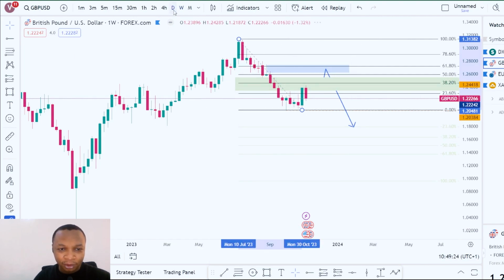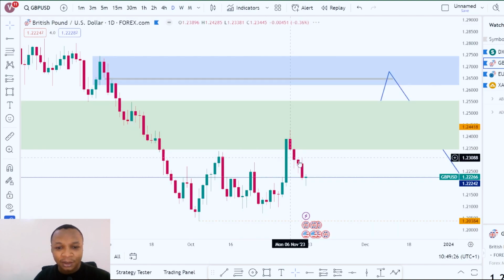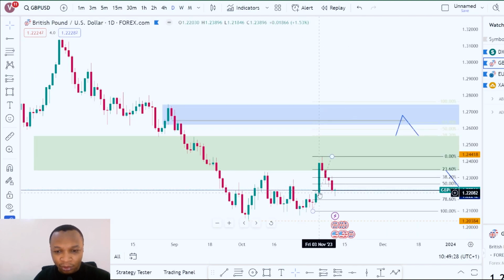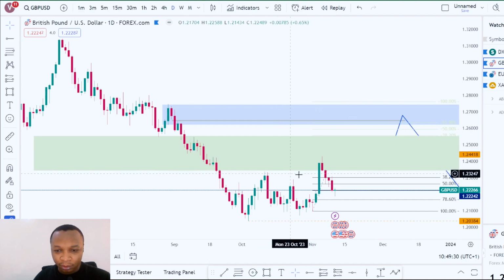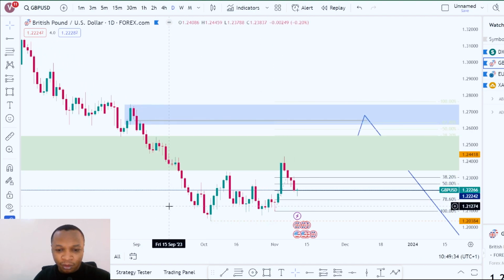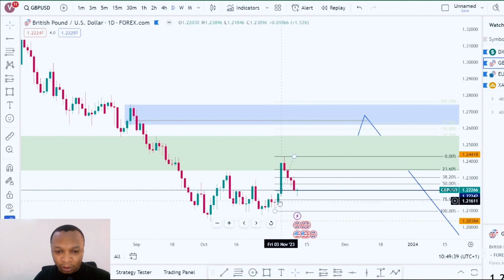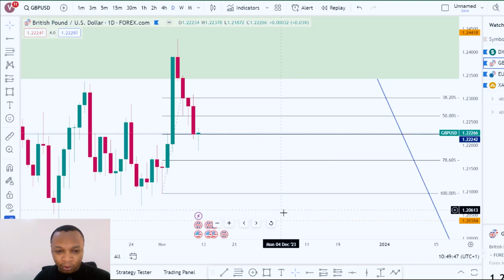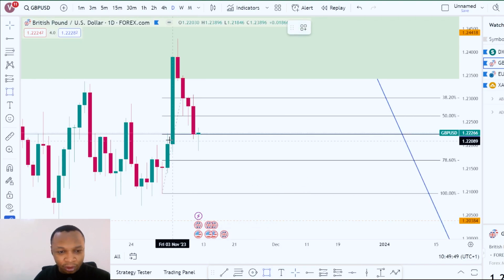Now, for our point of interest going into the next week, in the last week we could see how the dollar traded all the way up here. So for next week, we may see the Great British Pound trade a little lower, properly into this fair value gap, because it slightly avoided that on Friday during the close.